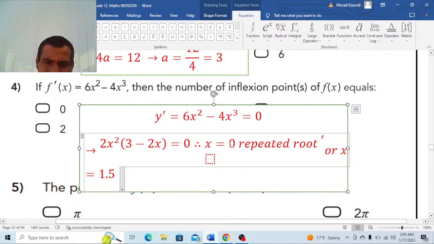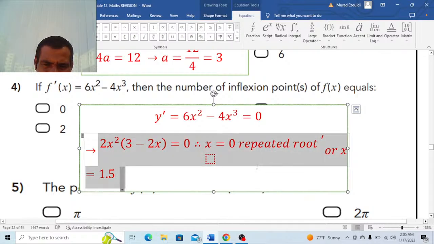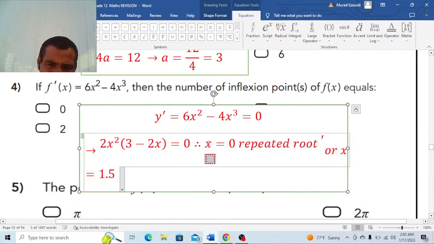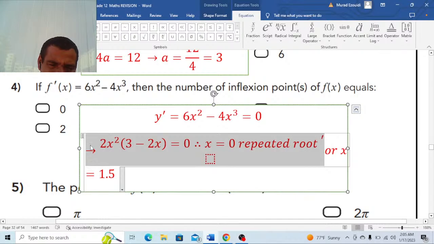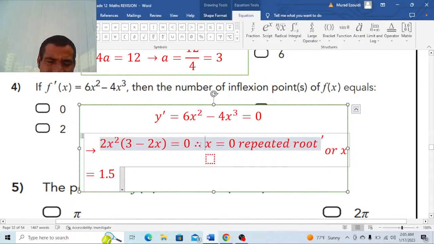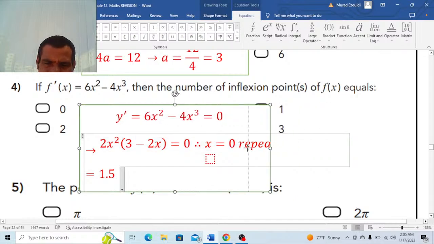So I will tell you that there are in fact 3 inflection points here, and the question will be like that.